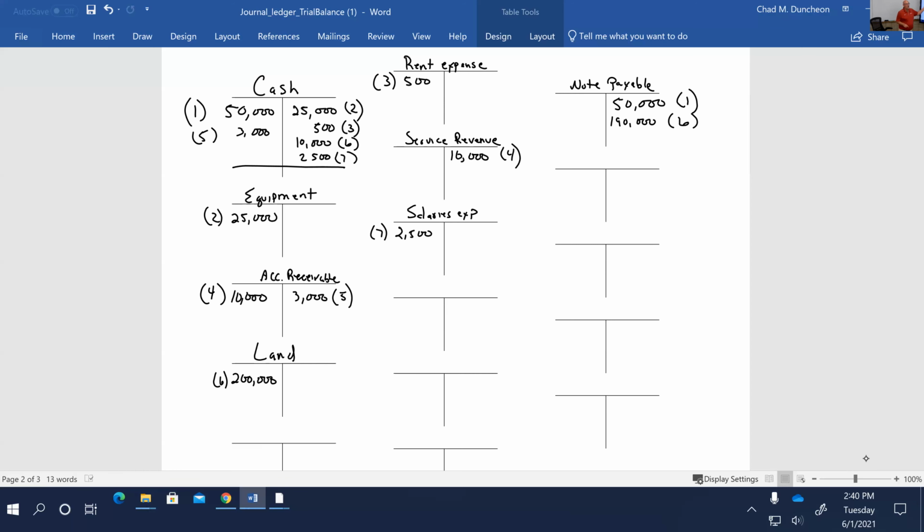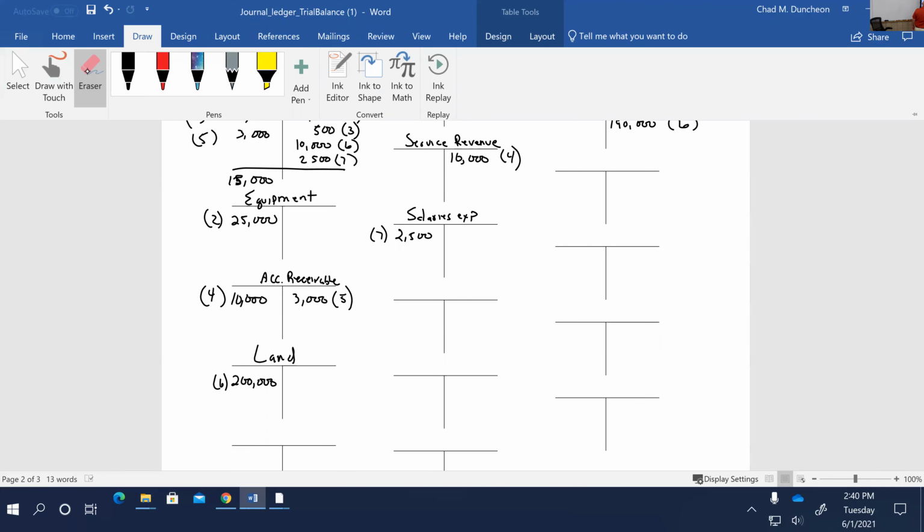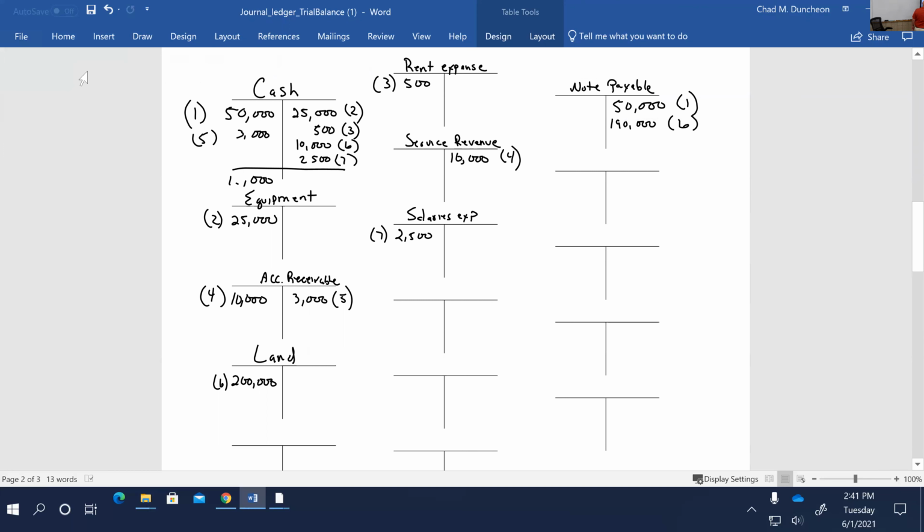And then I can subtract all of my credits off of that: 25,000, minus 500, minus 10,000, and minus 2,500. And I am shown that we have a $15,000 debit balance in my cash account.